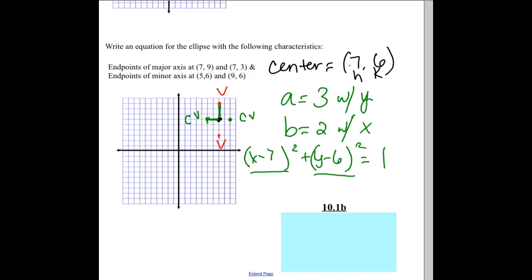And then underneath, we need the A squareds and B squareds. So A squared would be 9, and we said it should be paired up with y, so we're going to put a 9 under our y piece. And then B squared would be 4, and it goes under x. Okay? But it's much easier to find that information if you can see a picture of it and count squares versus trying to figure out which points are which. Okay?